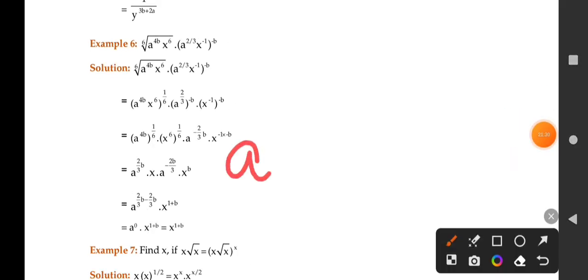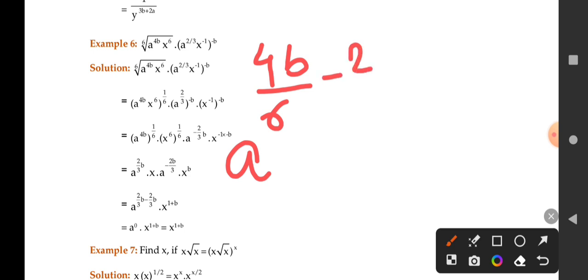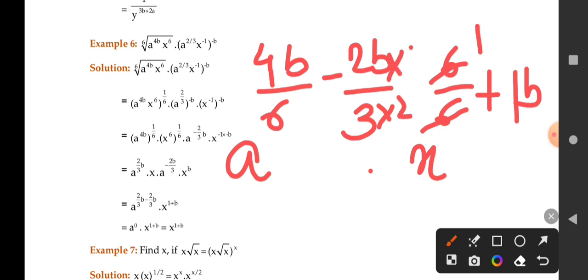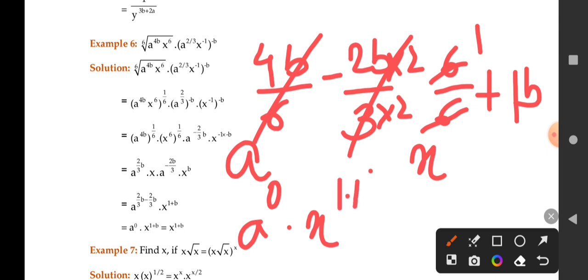A power 4b divided by 6 and minus 2b divided by 3 into x power 6 by 6 plus 1b. Okay, so this becomes 1. Here we are going to multiply by 2 and this is 0. So a power 0 is 1, correct? A power 0 is 1 into x power 1 plus 1b. I hope you got this one.